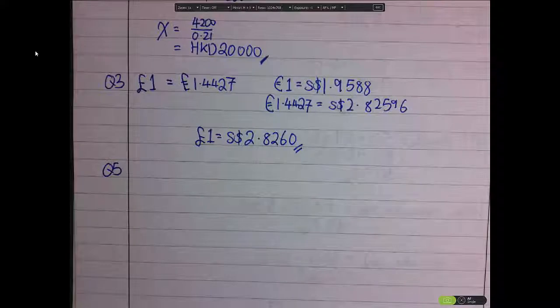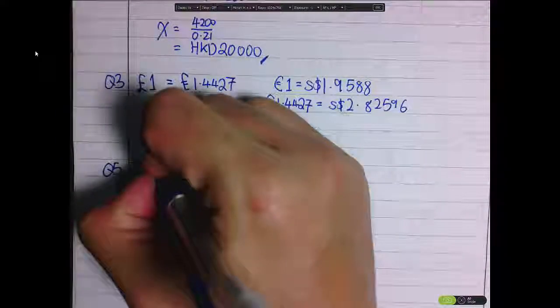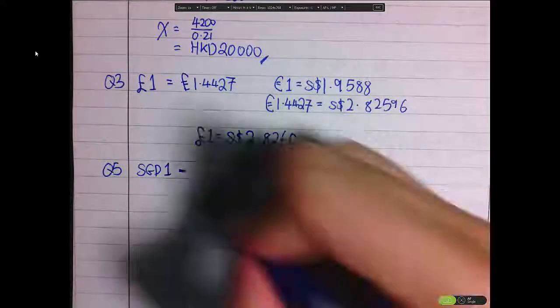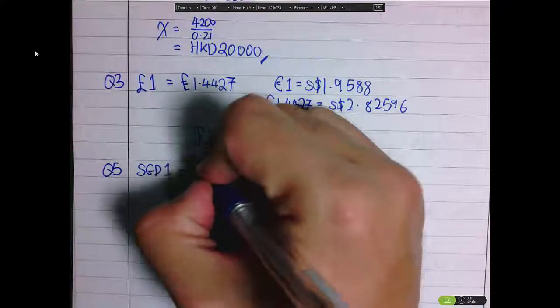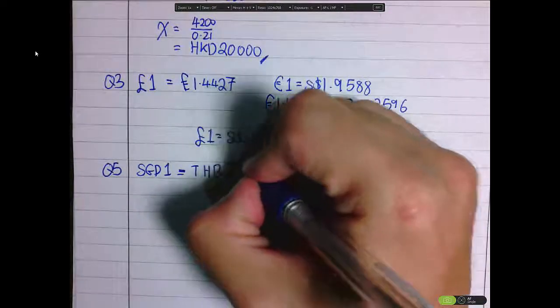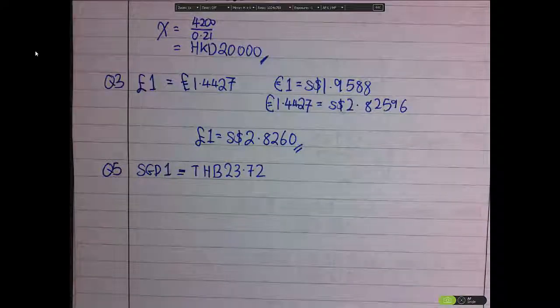Question 5, go read it for yourself. First, how much was the seafood dollar? The exchange rate is Singapore $1 equals 23.72 Thai baht, THB. Then they ask how many Singapore dollars she spent on seafood.